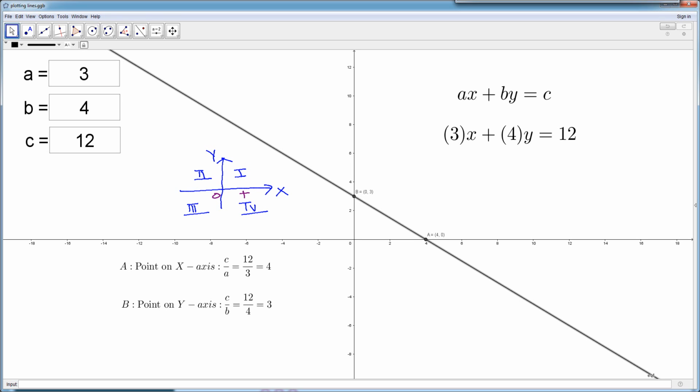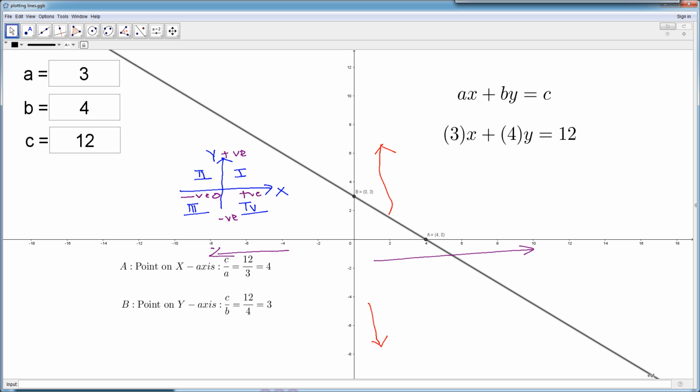On the left hand side of the x-axis we have negative values. In the upwards direction on the y-axis we have positive values, and in the downward direction we have negative values. So this is the basic coordinate system.